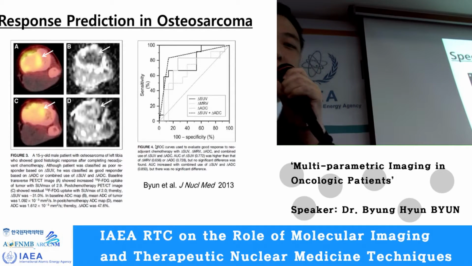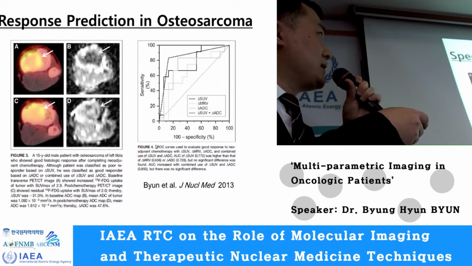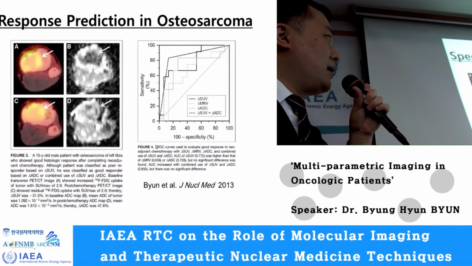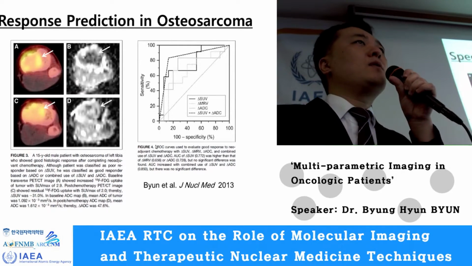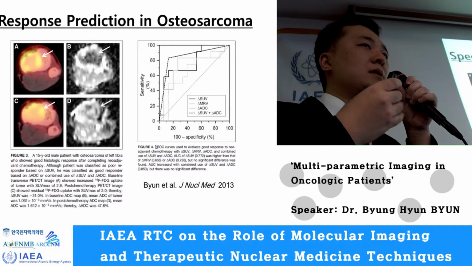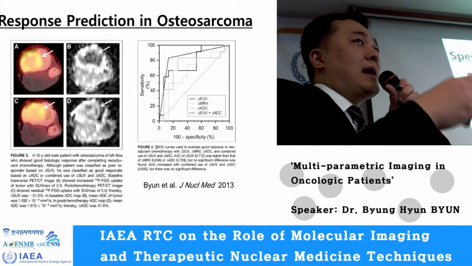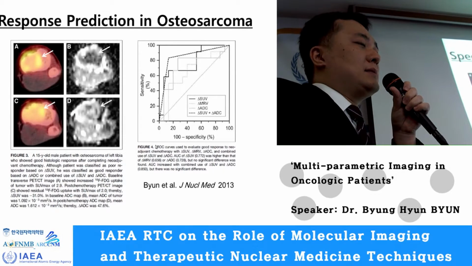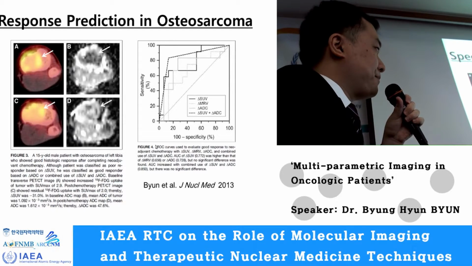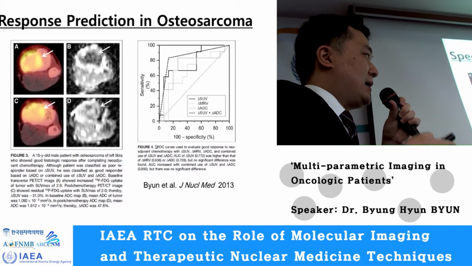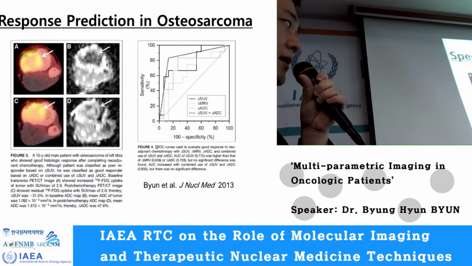Another experience of ours was to map the specimen using PET MRI. When we measure the histologic response, the pathologist usually measures the necrosis rate at the plane with the largest diameter, for example, like this. They examine the necrosis at the full section.